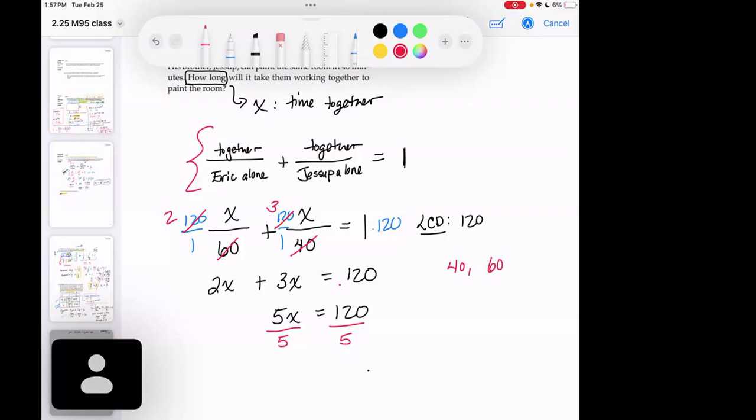Let's see. 2x plus 3x equals 120. So 5x equals 120.